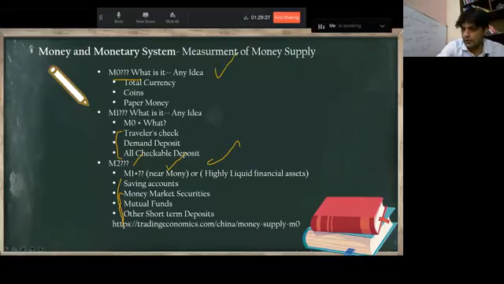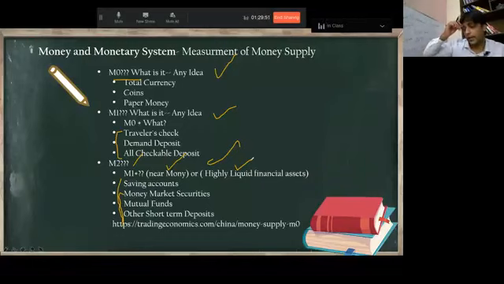Some economists consider M1 as the money supply, the whole money. Some consider M2 as the money supply. Because they are near to maturity, they become liquid soon.